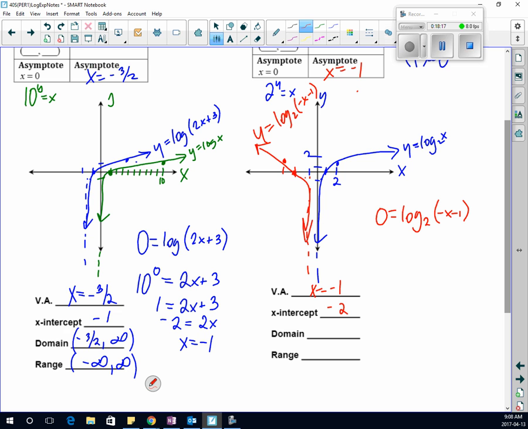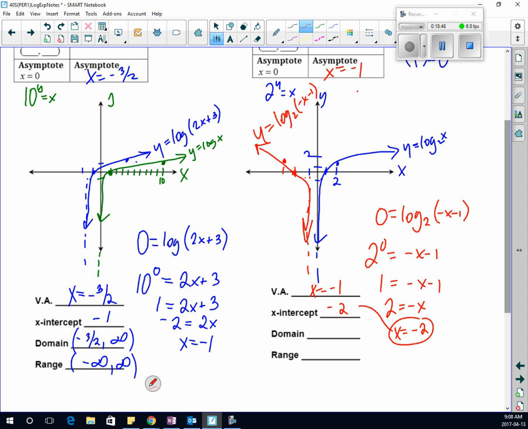So what do we do? 2 to the power of 0 equals -x minus 1, yes? What's 2 to the power of 0? 1 equals -x minus 1. Move the 1 over. We get 2 equals -x. Switch the signs. x is -2. See how that works?